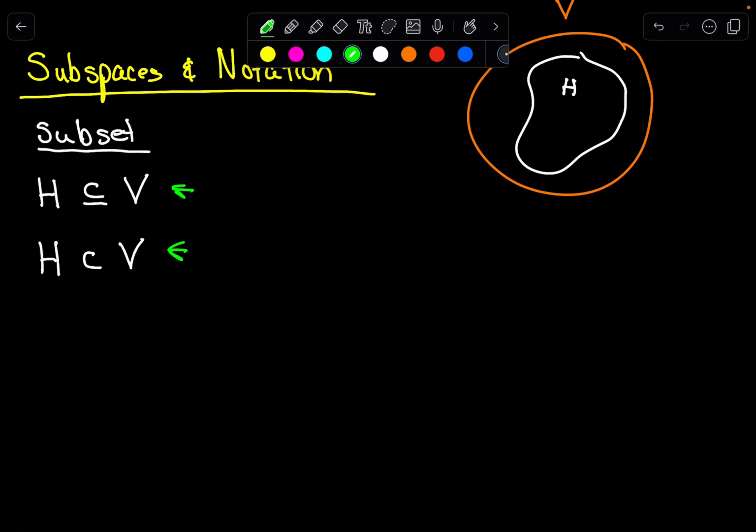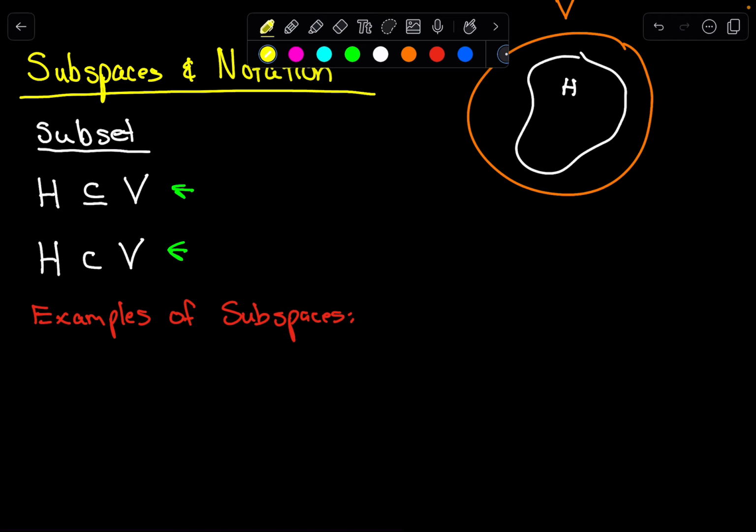So I want to talk about some things that maybe aren't super obvious that they might be subspaces. So this is just going to be examples of subspaces. For example, last time we introduced the polynomial space.